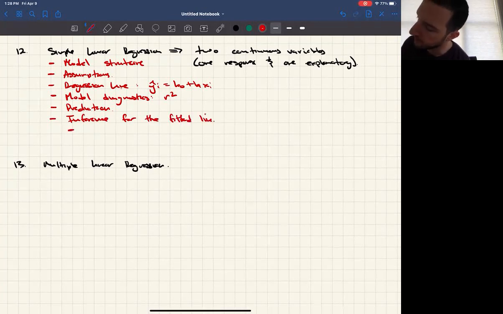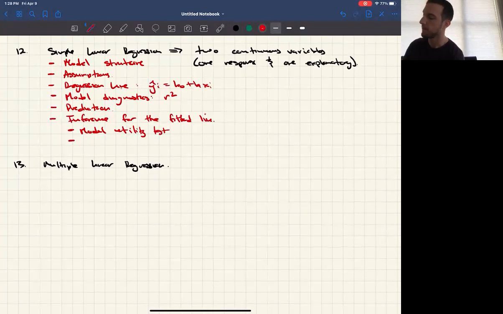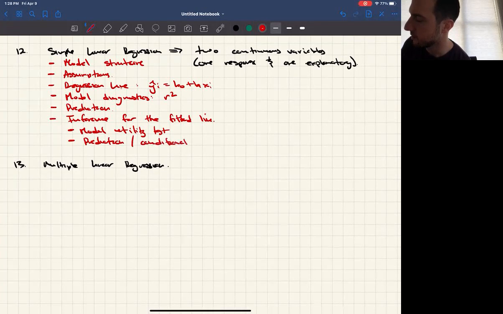Okay, so this is going to be things like the model utility test and the prediction / conditional mean interval. There might have been a few other things in there that we discussed as well, but that's I think the majority of what we went through in that lecture set.